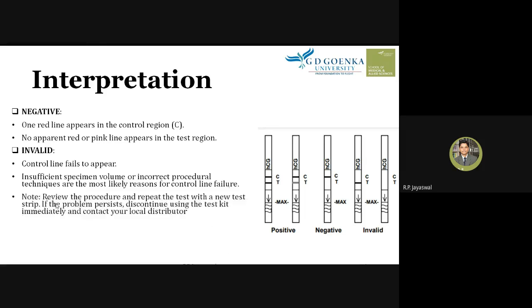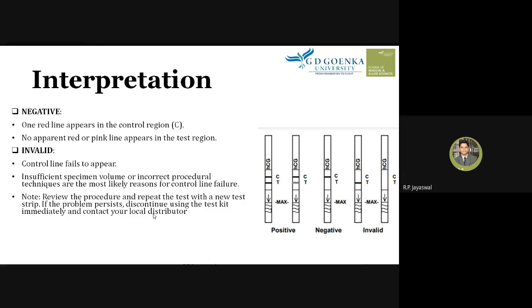Note it down: review the procedure again and repeat the test with a new test strip. If the problem persists, with the same observation again, then you need to discontinue using the test kit.